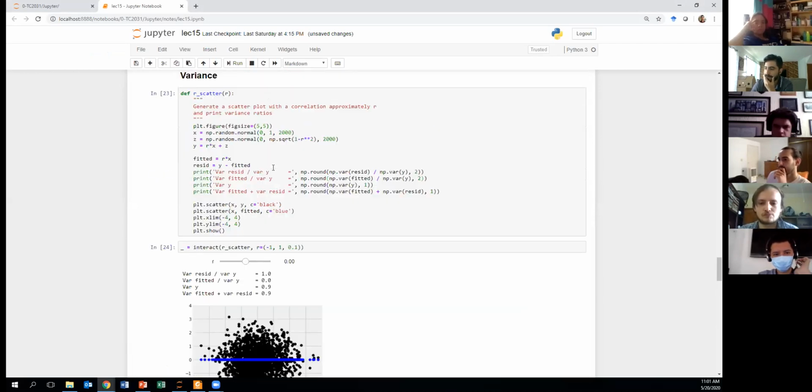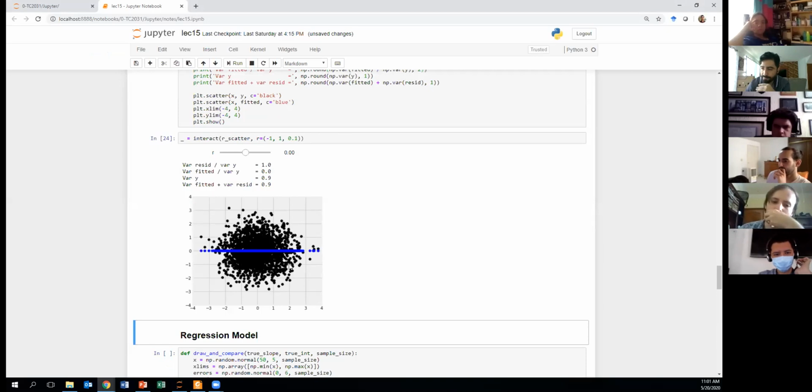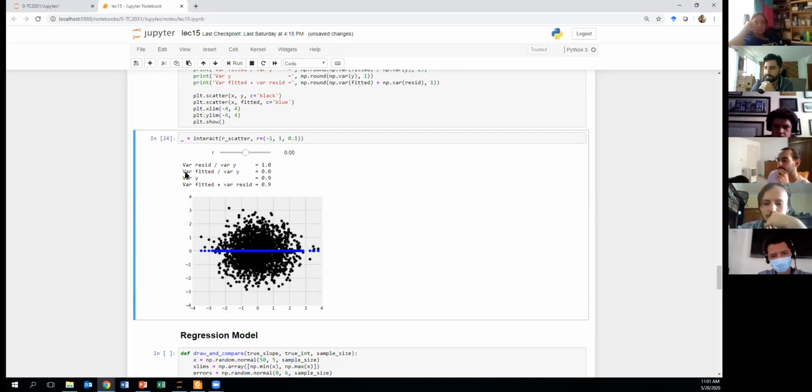So here I have this scatter plot, and I'm going to vary my R and see how it changes the variance of residuals divided by variance of y, and variance of fitted value divided by variance of y. Variance of y is 1, variance of fitted plus variance of residual is 1, and those are just not rounded.